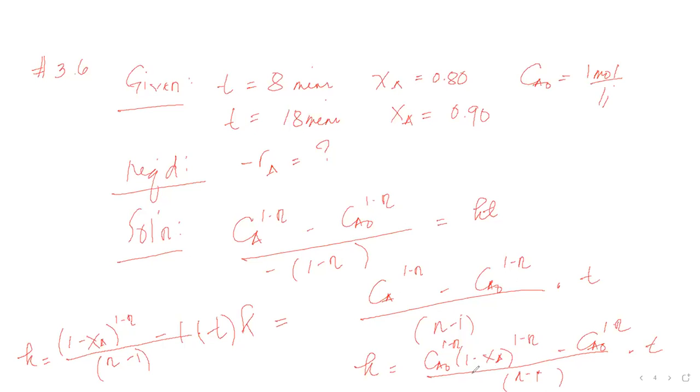And what's remaining here is the quantity 1 minus XA raised to 1 minus n minus 1, which is still 1, all over n minus 1 times T. Let me see. If it's K, it's not multiplication by T, so it's over T. Let me check. So you place the T in here, so it should be over T.